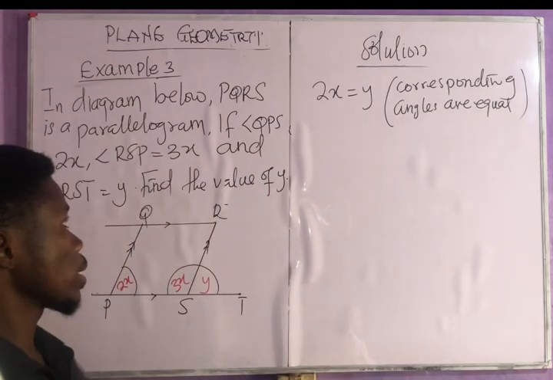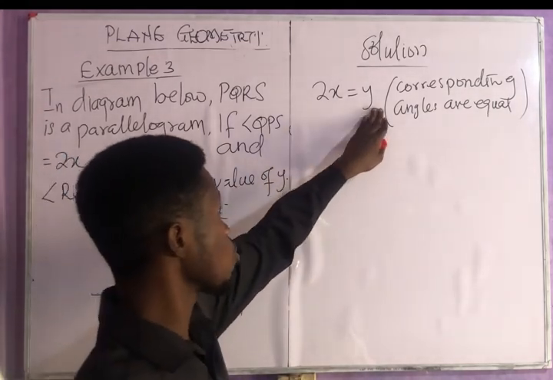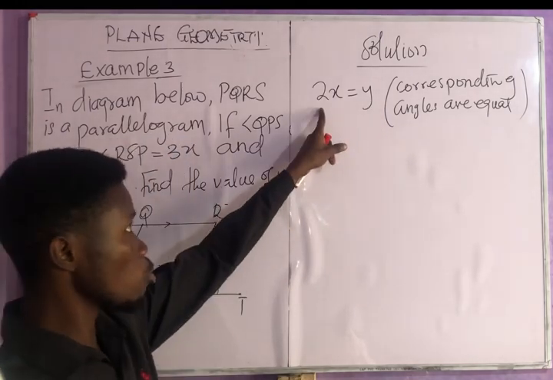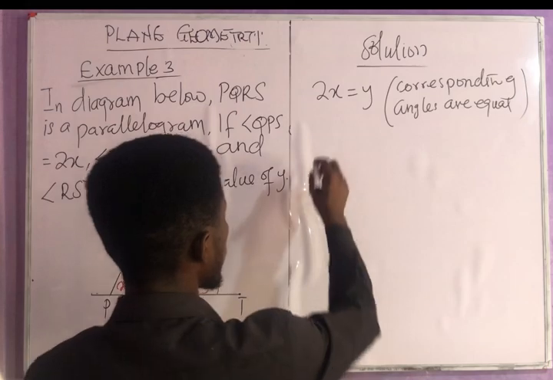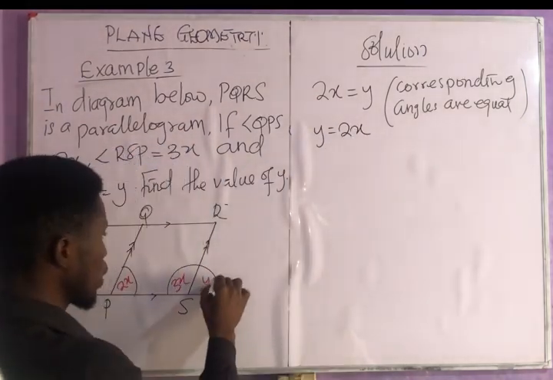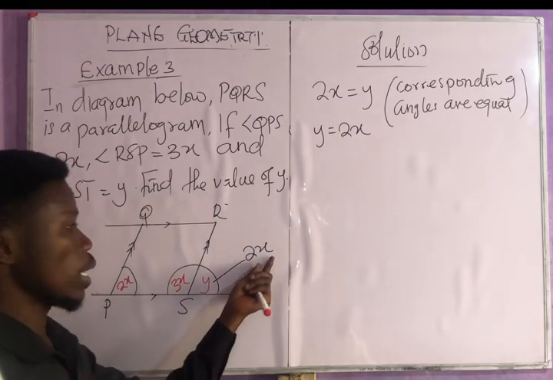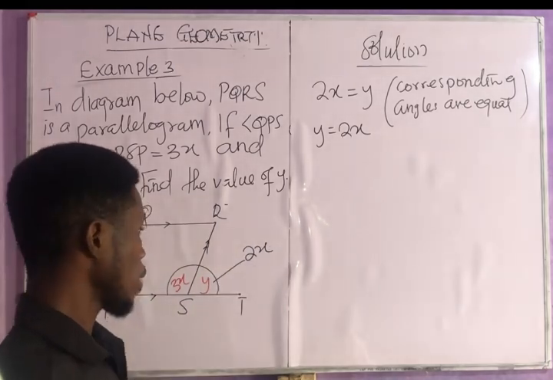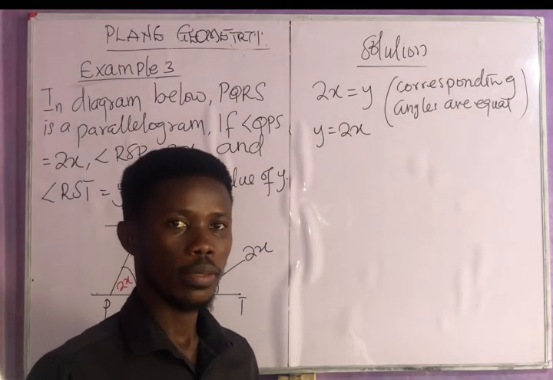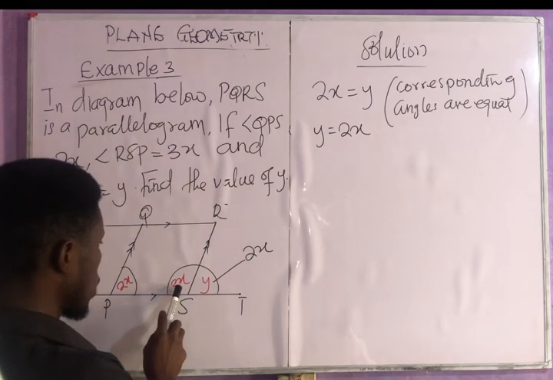So if this is equal to that, then it means that Y is equal to 2x, right? Meaning, in place of Y, I can replace it with 2x. Is that okay?